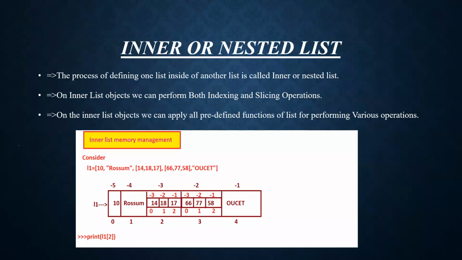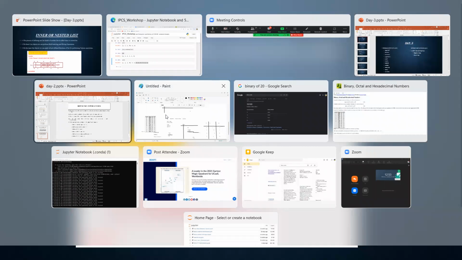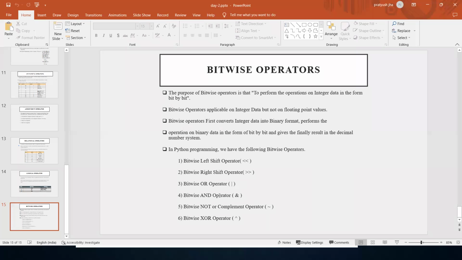Now we have one more thing called inner or nested list. After this we also have identity operator and membership operator.